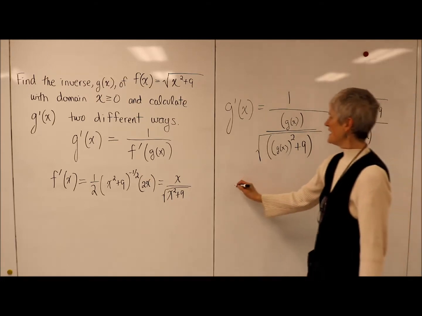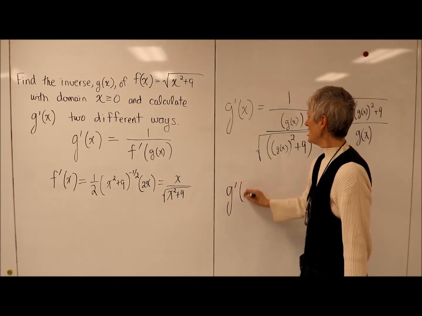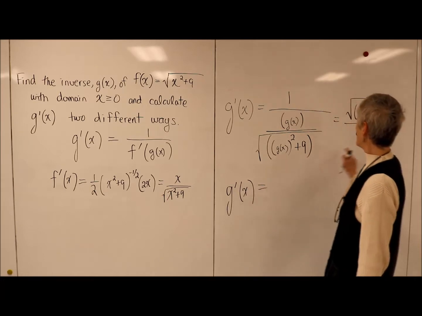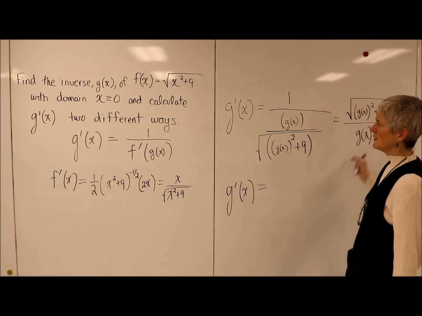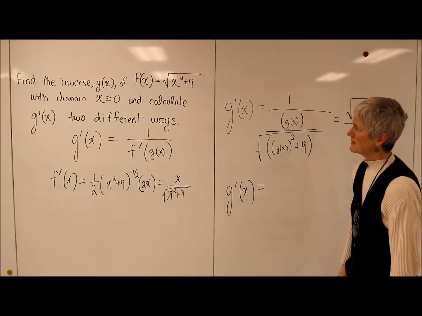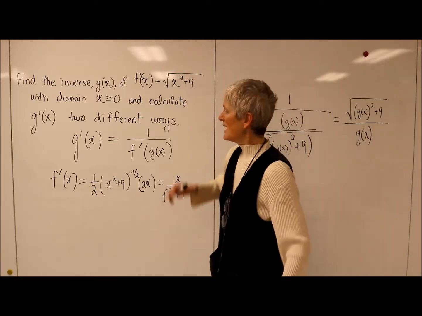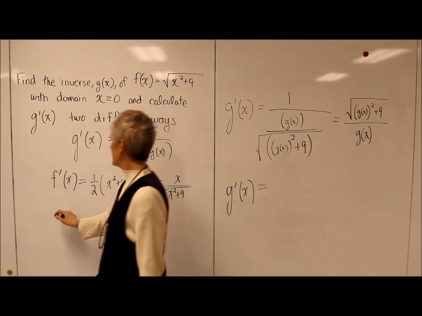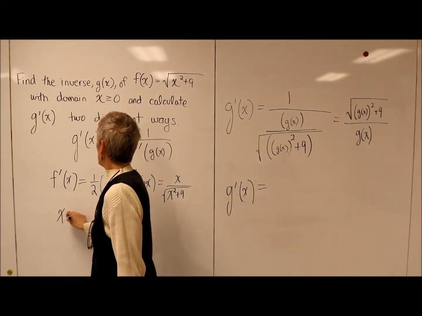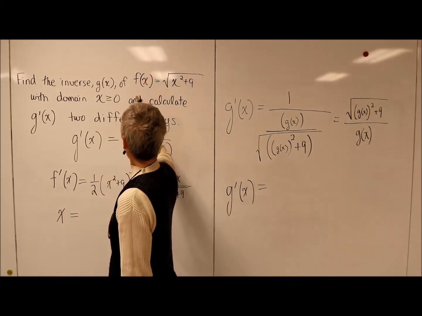Okay, so if that's the case, all I have left to do is to substitute g of x in. Well, what is g of x? I guess I have to find g of x. And I find g of x the way I found g of x before, finding the inverse of f of x.